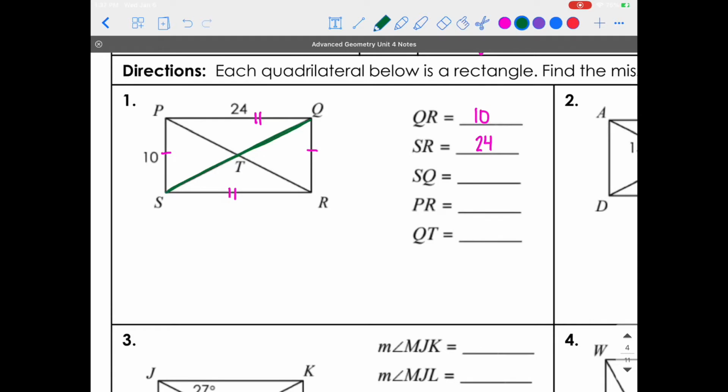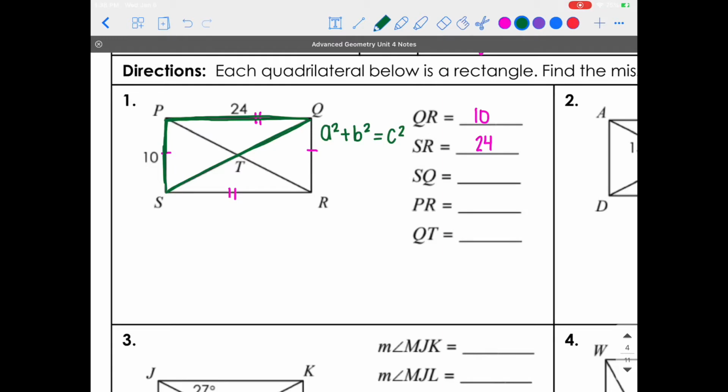We don't have anything about the diagonals, but do you remember learning about the Pythagorean theorem? A squared plus B squared equals C squared. A and B are your shorter sides, and C is your long side called the hypotenuse. So we're going to use the Pythagorean theorem to find SQ.